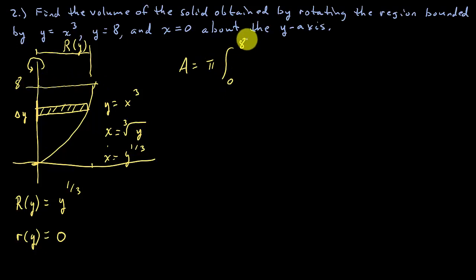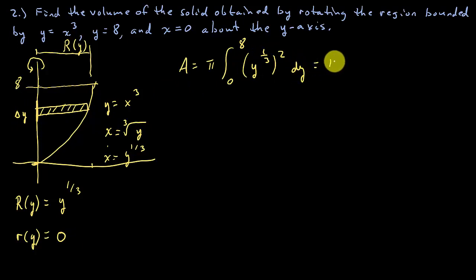And then that's big R squared, so that's y to the 1/3 squared, minus little r squared. Well, little r is just 0, so that's 0 squared, and so I'm just left with this, and then times the thickness, there's my dy.